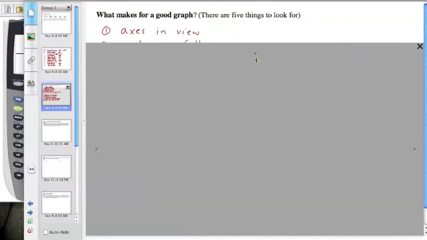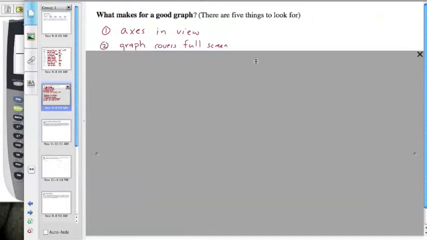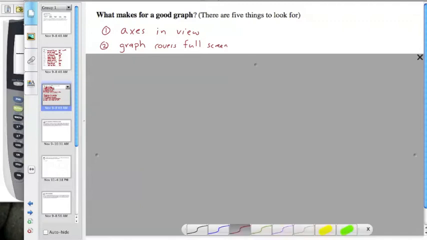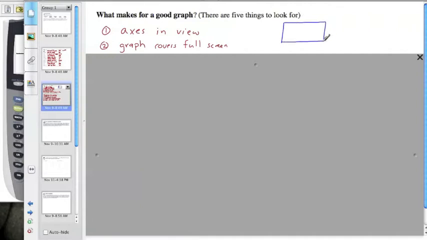The next thing we want is we want the graph to kind of cover the full screen. Okay, so for instance, if this is my window on my calculator, and I have my axes here and here, I don't want the graph to just be displayed in this little portion here.